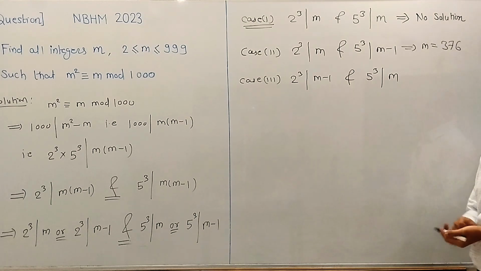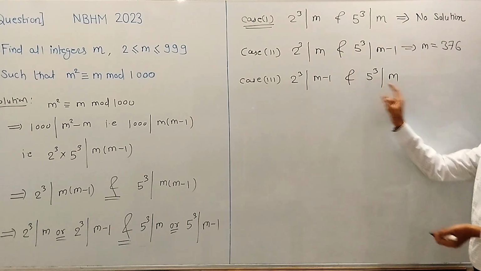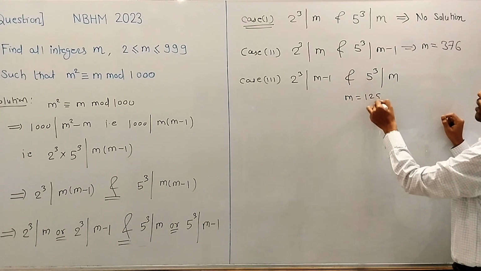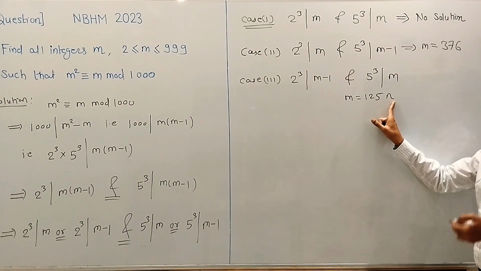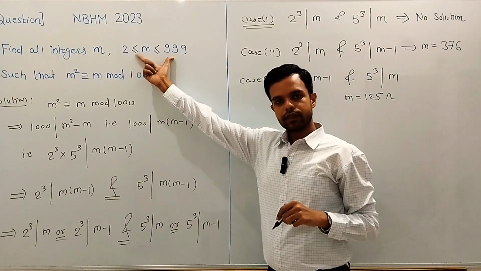Okay. Again, a divides b means that b is a multiple of a. That is, m is a multiple of 5 cube, that is 125n, where n is some positive integer. But values of m lie in this range.